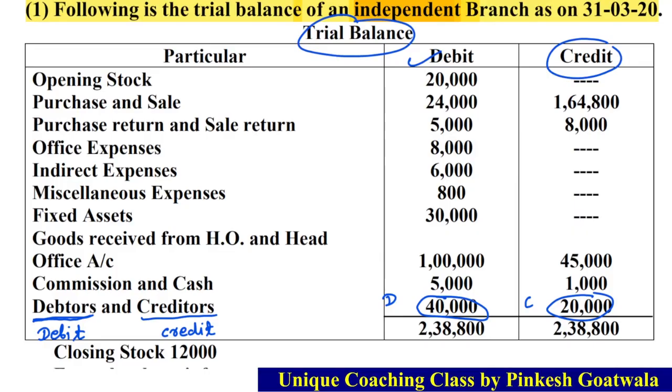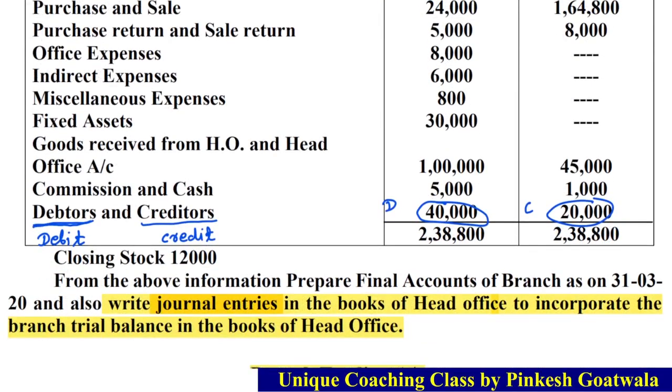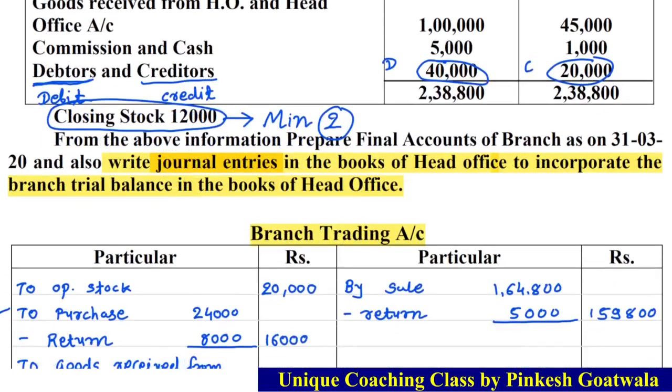Now check if there any adjustment. Okay, जो कोई adjustment हो तो इन्हीं पर entry आपी दी है. Yes, there is only one adjustment, that is closing stock. Okay, તો closing stock આપેલો છે, and remember it's a adjustment and every adjustment has a minimum કેટલી entry આવશે? 2 entry આવશે. There must be 2 entry. Okay, so closing stock ની 2 entry આવશે, and we know that closing stock ની 2 entry ક્યાં આવશે?